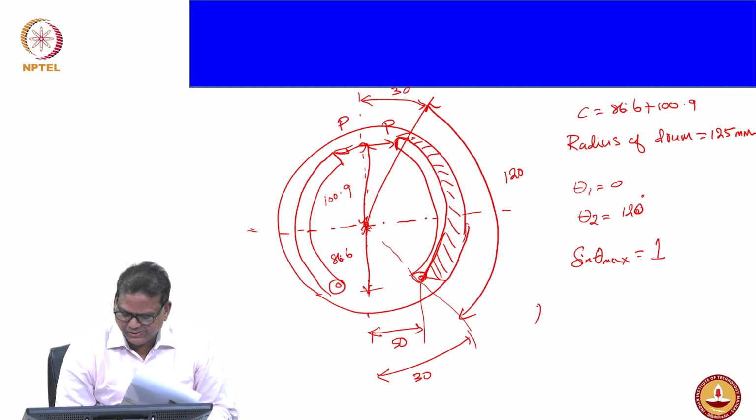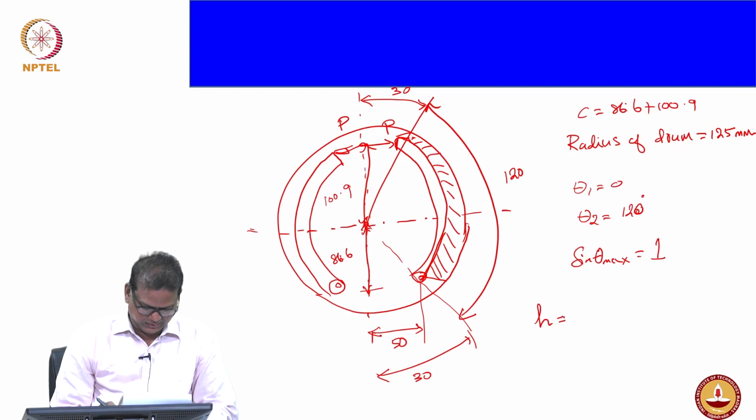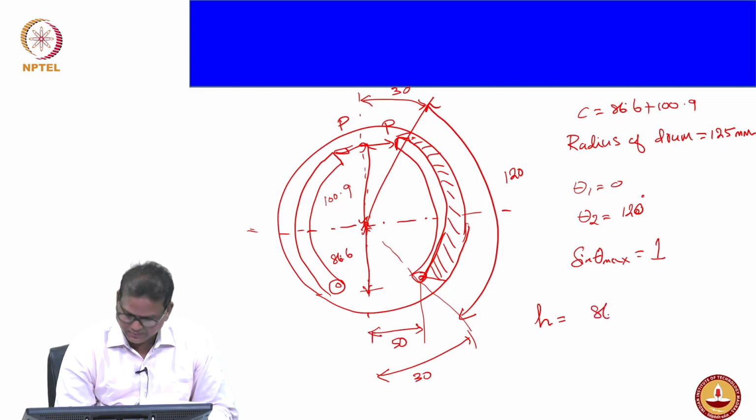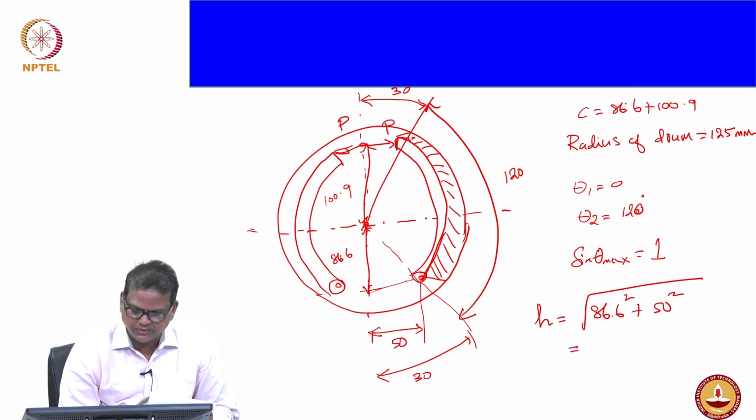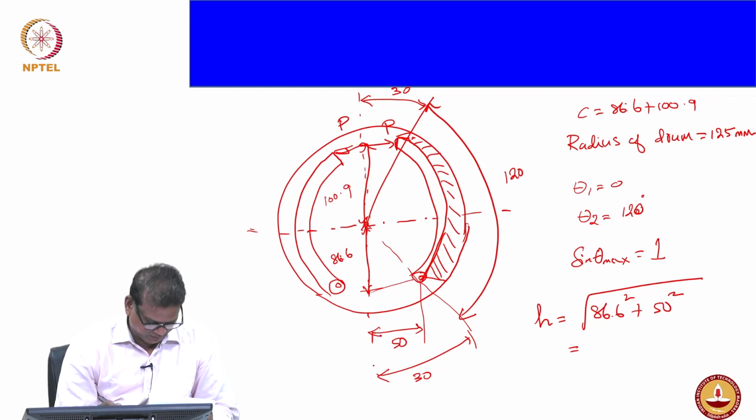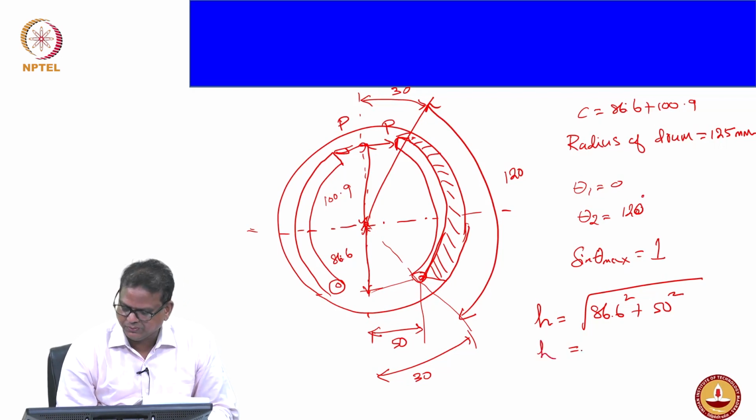Now with the geometry, I just wanted to find out what will be h. The square root of 86.6 square plus 50 square. If you do the geometry, you know the distances, and from there if you substitute, you will get h equal to 100 millimeter.